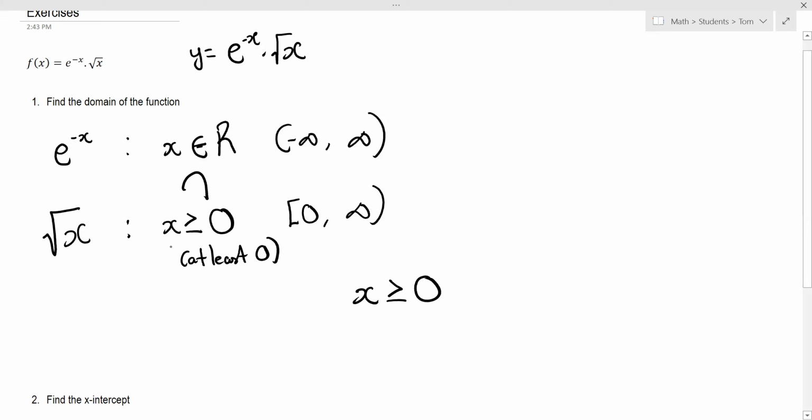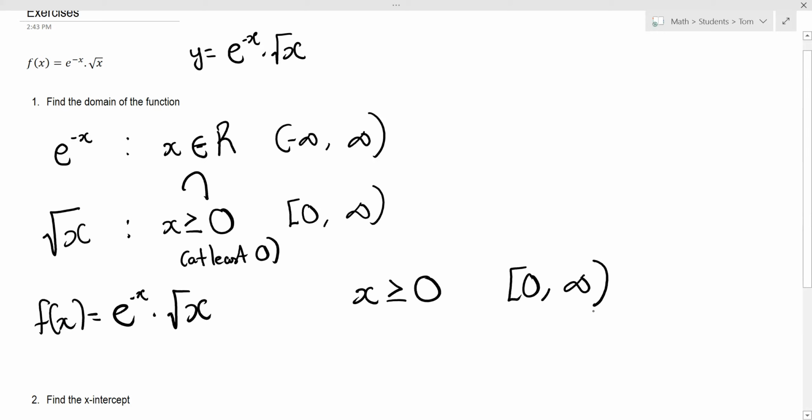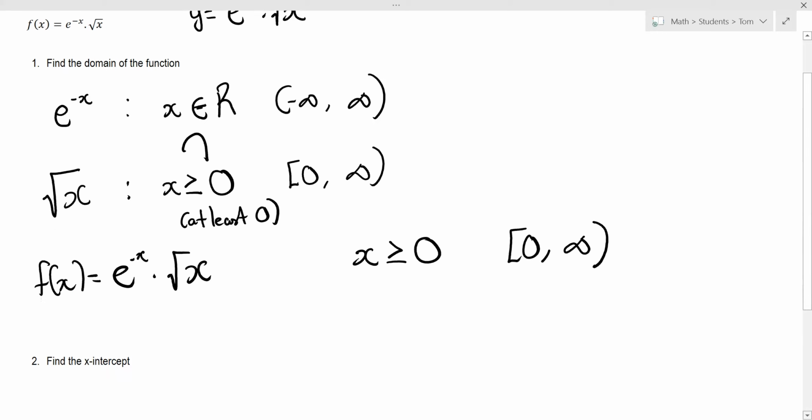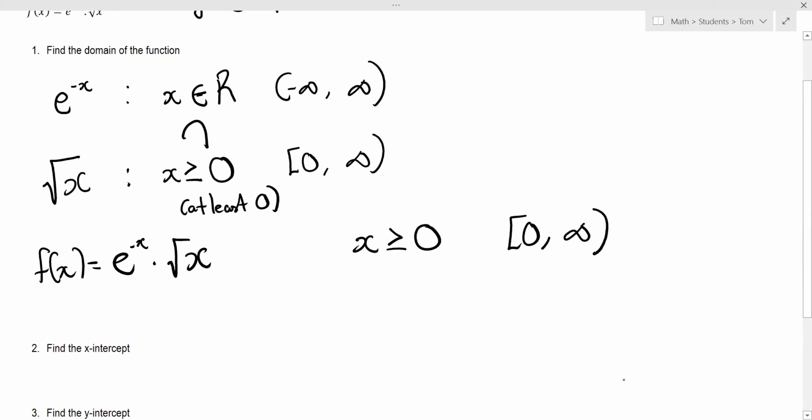So the final domain will be x is greater than or equal to 0. So the domain of the function f of x equals e to the power of negative x times root x will be x is greater than or equal to 0, or we can write it like this: 0, infinity. All right, so that will be the domain of this function.